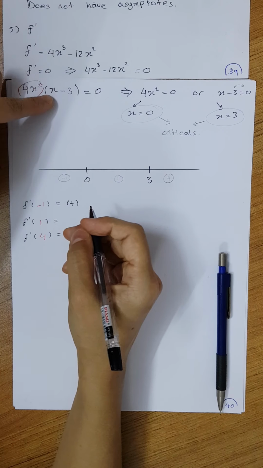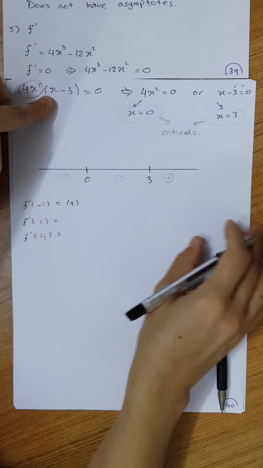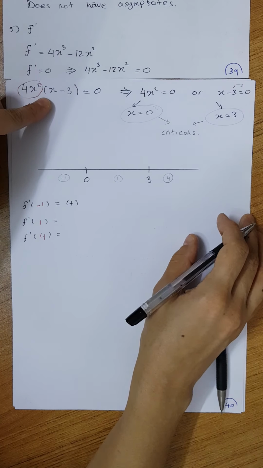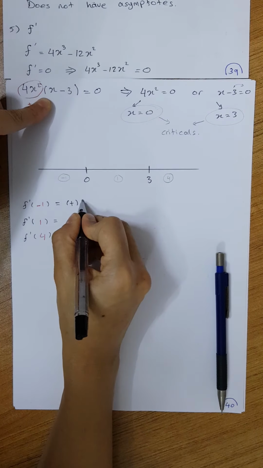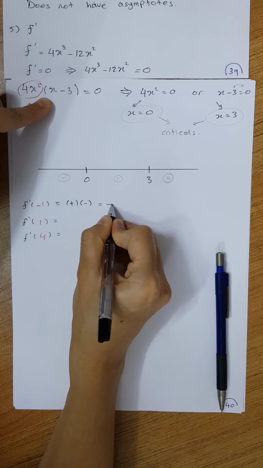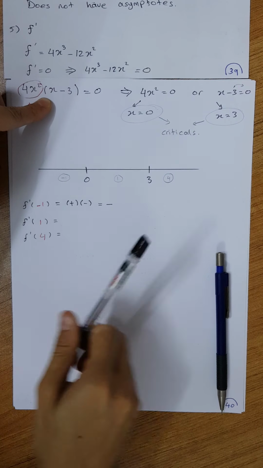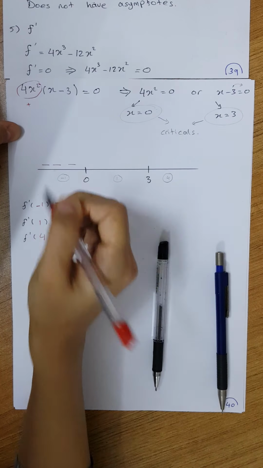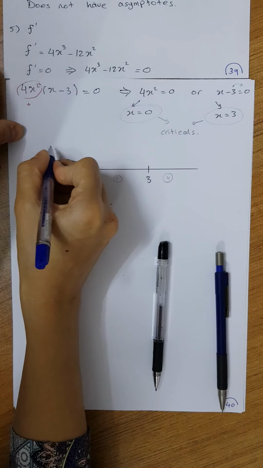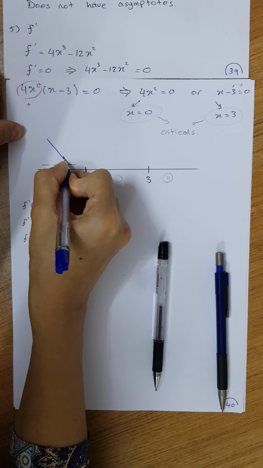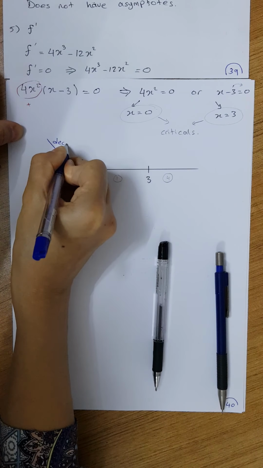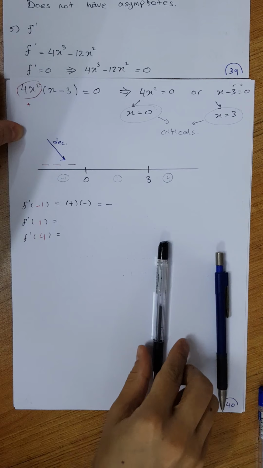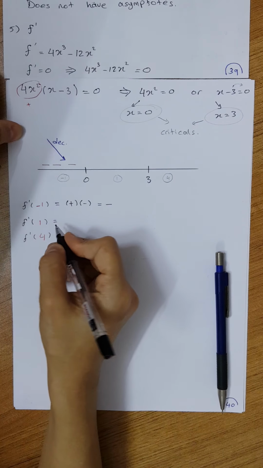If I put negative 1 into x minus 3, what will I get? Minus 1 minus 3 is something negative, so I will get a negative out. Since it is negative, whatever number I'm choosing from here gives a negative. What does negative mean here? That means the function is decreasing. Okay, let's put 1 into the function.